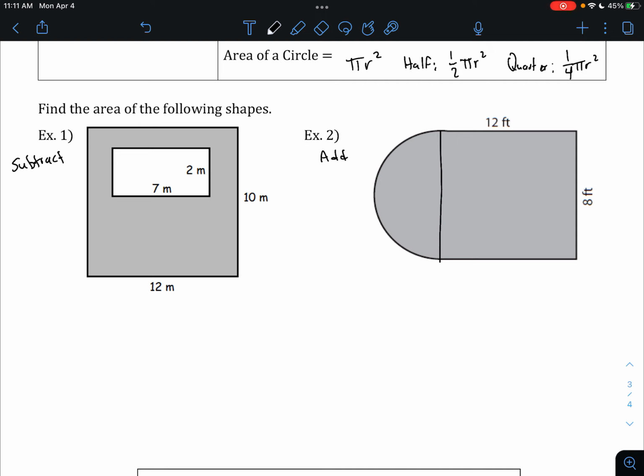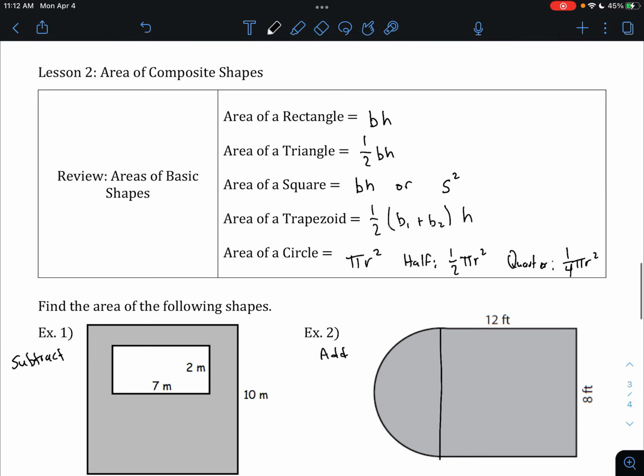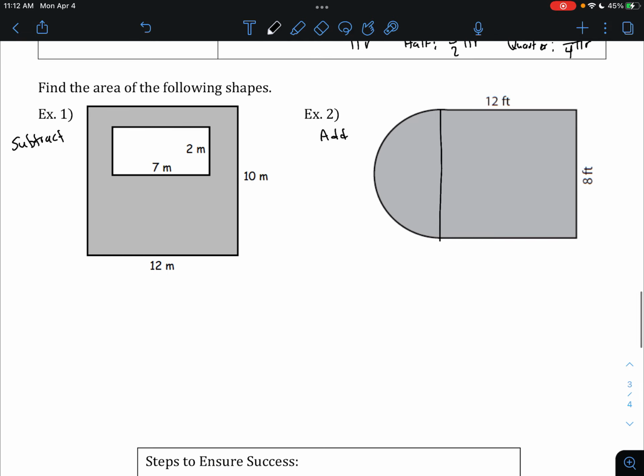We have 2 rectangles, and we recall that the area of a rectangle is base times height. So area of the first rectangle, let's say area of 1 equals base times height. And that area is 7 times 2, and those are in meters.